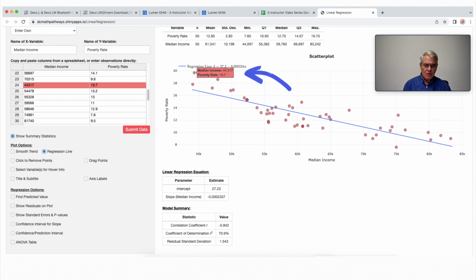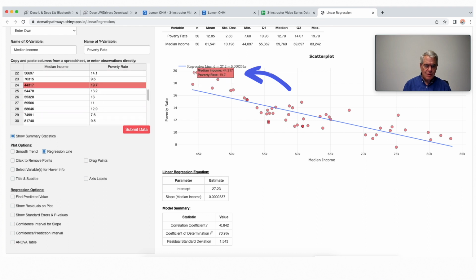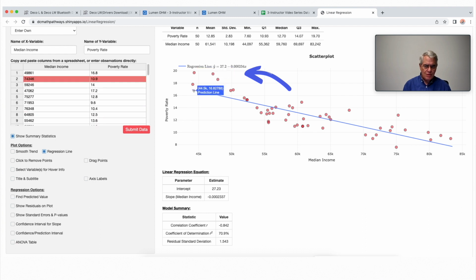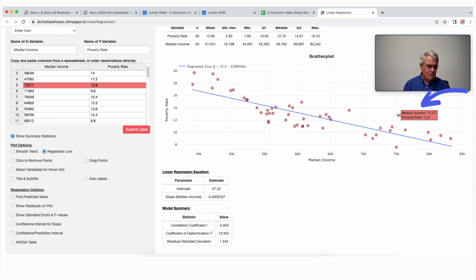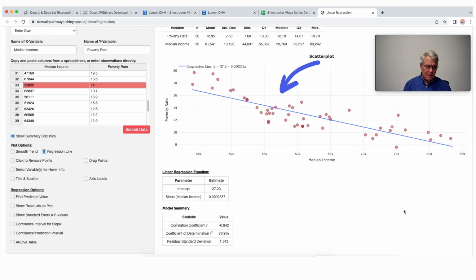This one, the true median income is 44. The predicted is about 44.317. So 317 units difference, versus 75.277. This one's probably a little bit further. So we would remove state number 24. And that would then make this cohere a little bit better.